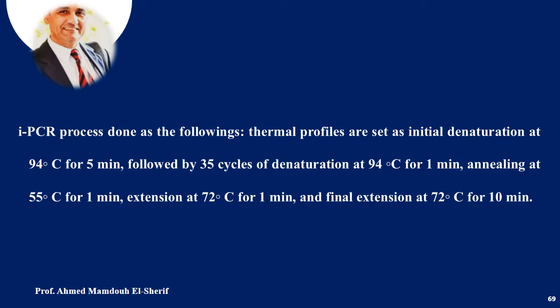Thermal profiles are set as initial denaturation at 94 centigrade for 5 minutes, followed by 35 cycles of denaturation at 94 centigrade for 1 minute, annealing at 55 centigrade for 1 minute, and extension at 72 centigrade for 1 minute, and final extension at 72 centigrade for 10 minutes.